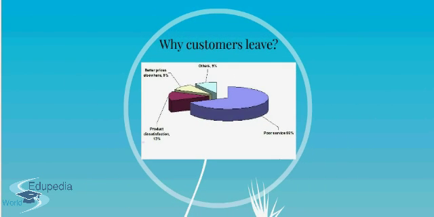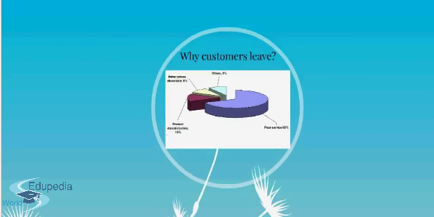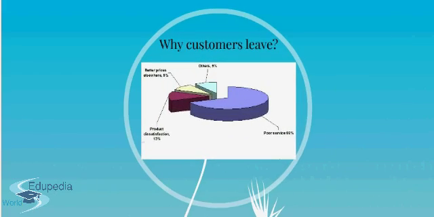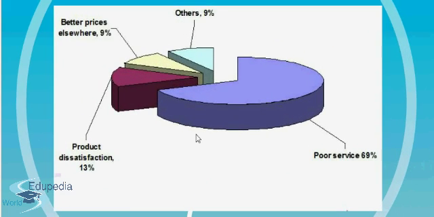And there can be many reasons, but through these slides I try to unearth the important reasons why customers leave. If you see this pie chart, the biggest chunk is of poor services, that is 69%, followed by product dissatisfaction, which is 13%, and so on and so forth.